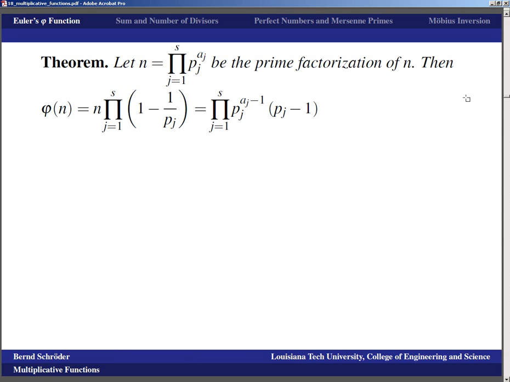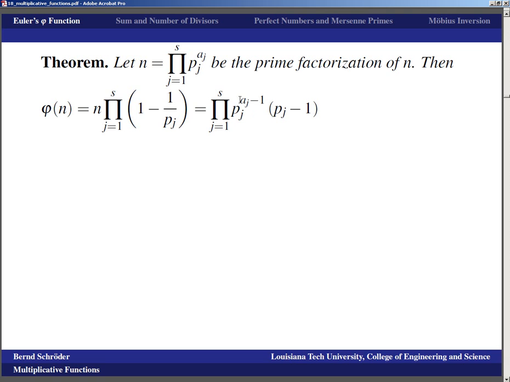All right, so basically what that means is that if we have the prime factorization of a number n given, then we can write down phi of n as a product directly. The one that we're actually going to prove says that we can take the product out, and we know that phi of pj to the aj is pj to the aj minus pj to the aj minus 1.